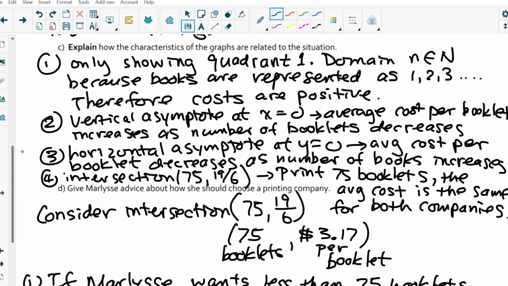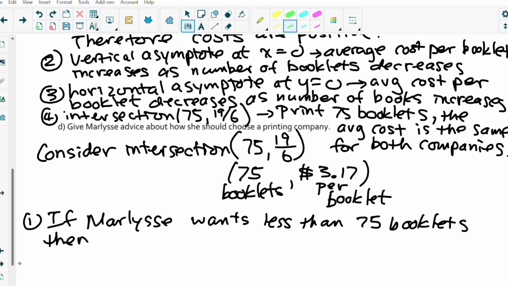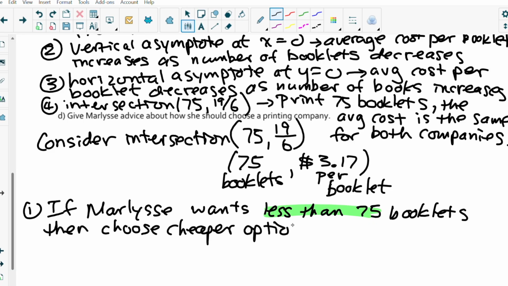So in green, I will highlight the cheaper parts. For less than 75, I want to choose company 1. If Marlies wants less than 75 booklets, then choose the cheaper option with company 1.